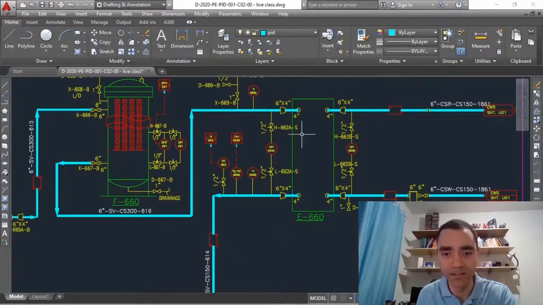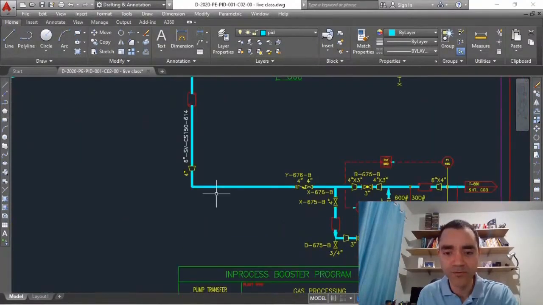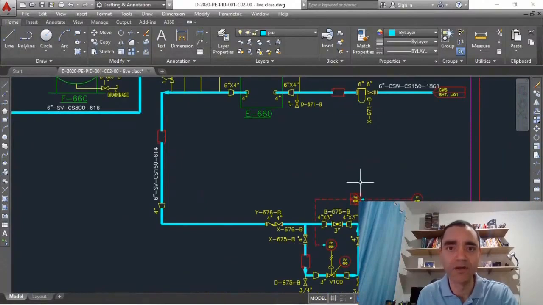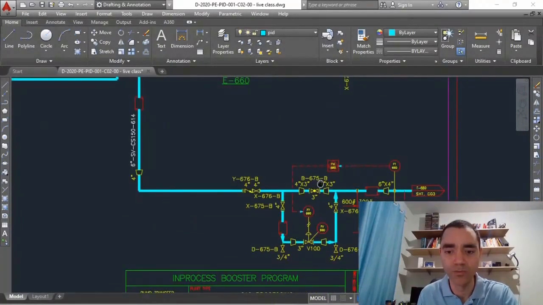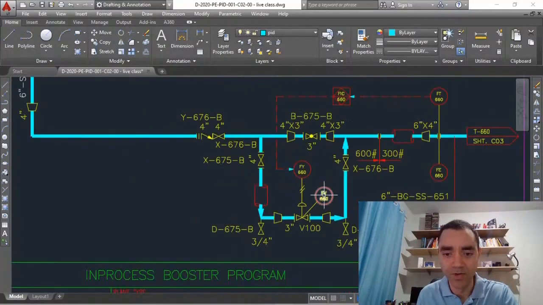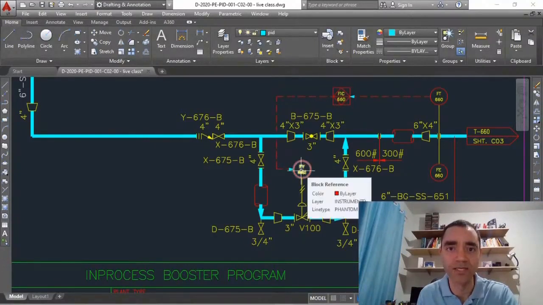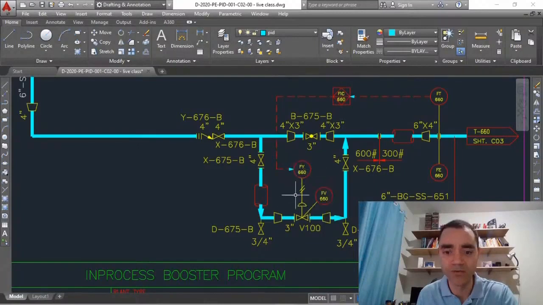So we have this path here, and finally it goes to the battery limit of this sheet, where we have a flow control valve with a flow meter that sends the signal to a flow indication controller that is responsible for sending the signal to the flow valve in order to open or close the valve more to control the flow.